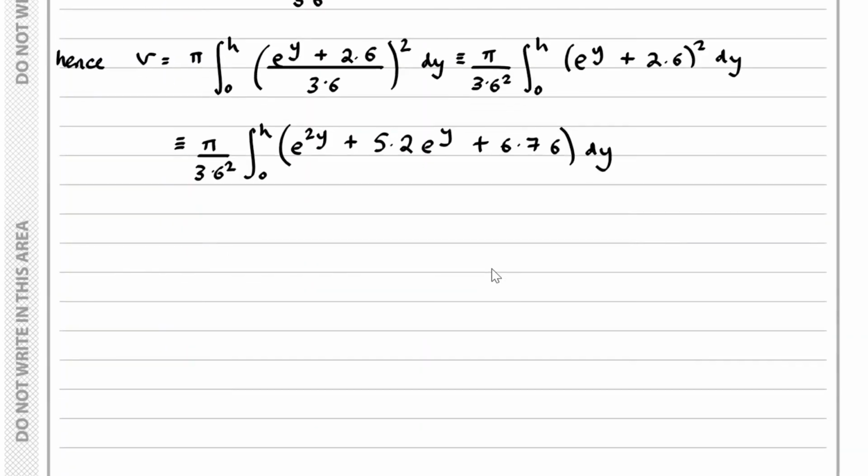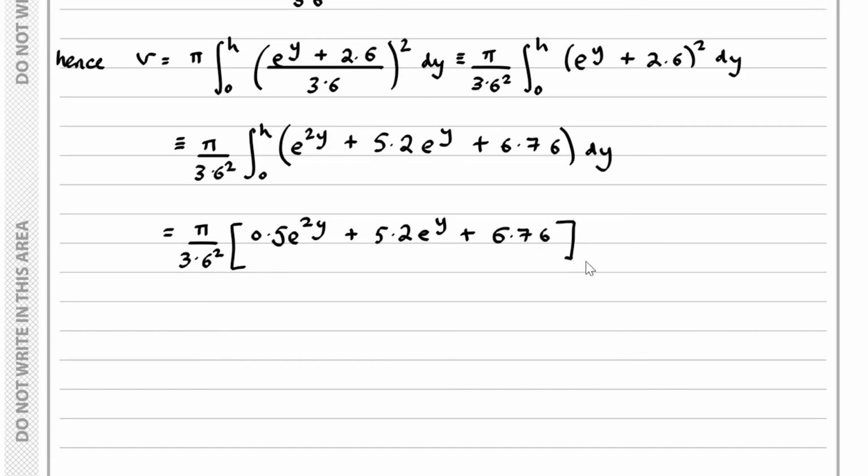And if we work this out, we have pi over 3.6 squared lots of 0.5 e to the power of 2y plus 5.2 e to the power of y plus 6.76y, and we want to evaluate this between 0 and h.